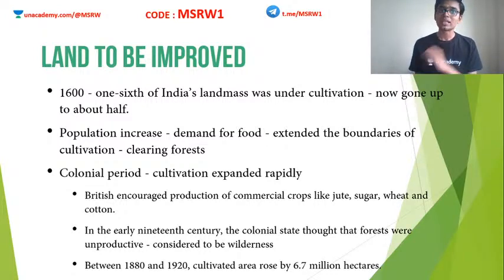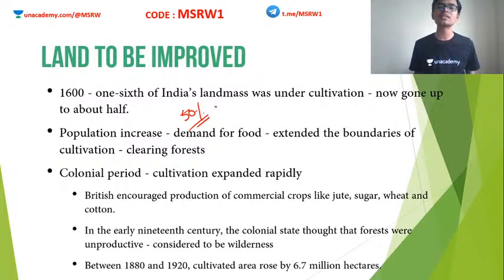But before the arrival of the East India Company into India, 1/6 of India's land mass was under cultivation, and this amount went up to 1/2. That is, 50% of India's land is right now under cultivation.